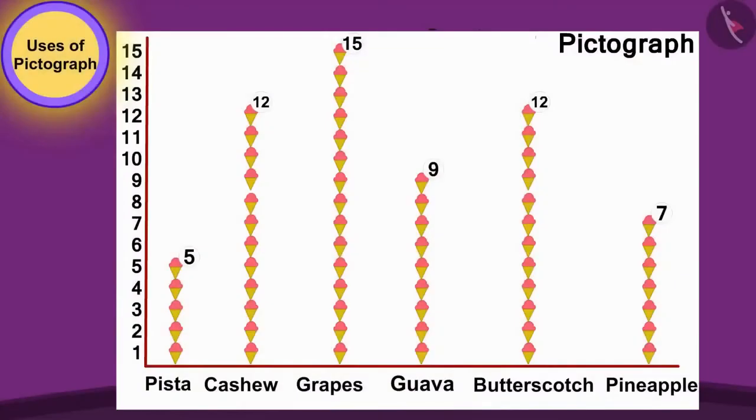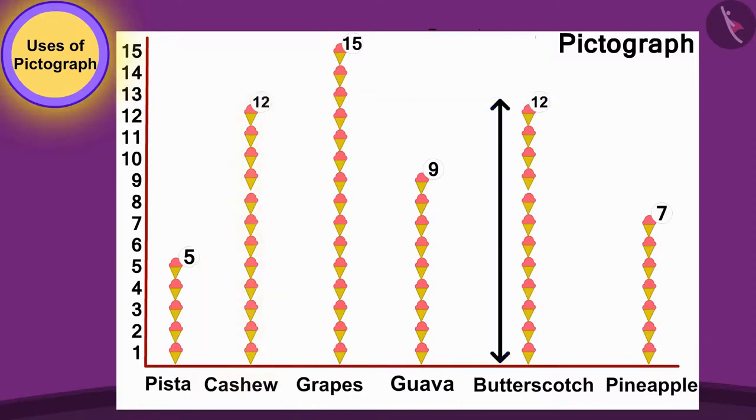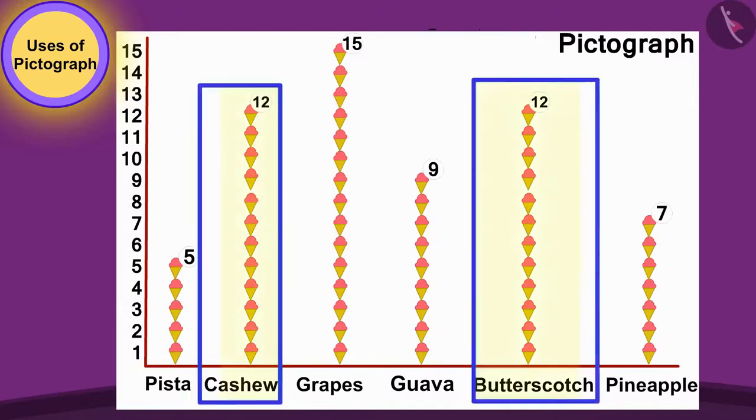Well done, children! Your answer is absolutely correct. Cashew and butterscotch ice cream lines are of the same height. Therefore, the number of people who like cashew and butterscotch ice cream is the same.